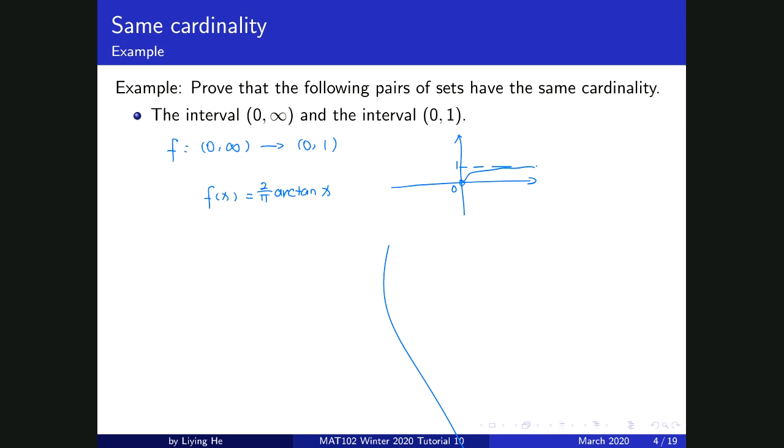Another function that I have in mind is this one, f(x) equals x over x plus 1. This function would look something like this, where this is 1 as well, so it does not include 0. I think both of them work.